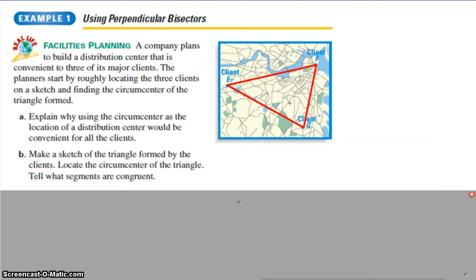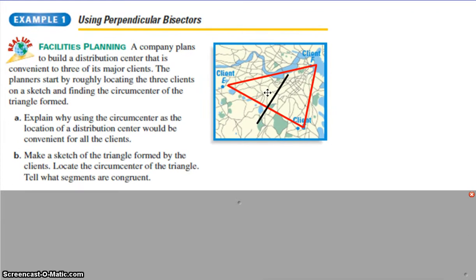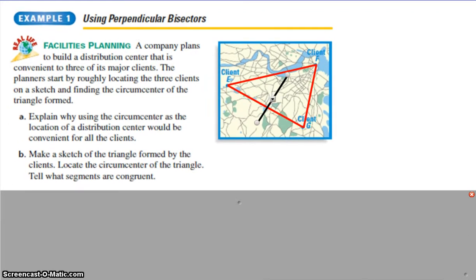So, let's say the circumcenter, let's see, right angle, and it cuts it in half. That's not quite right, so let's continue. Oops. I'm not trying to move the picture, I'm trying to move the line. About right there. Alright, let's do another line.